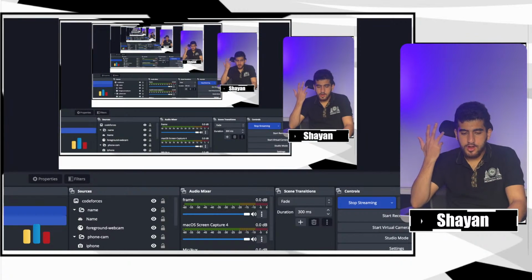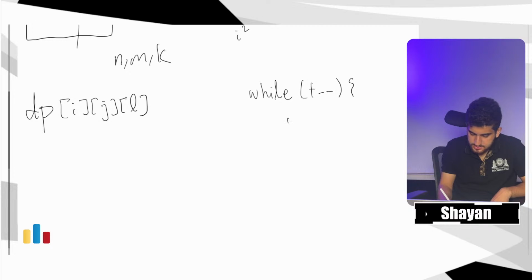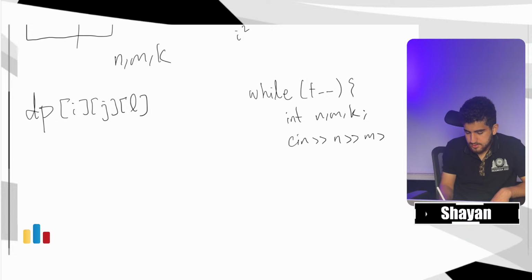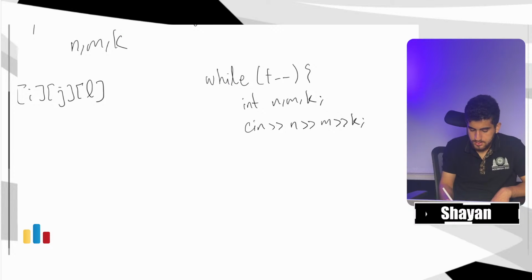So we say while t minus minus, let's define n, m, k, read them, and print dp of n and m and k.